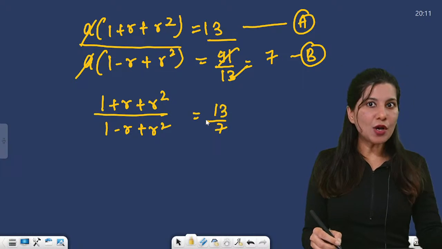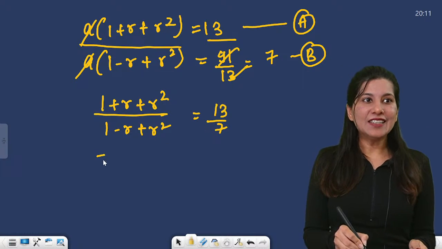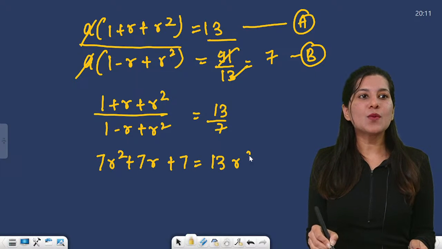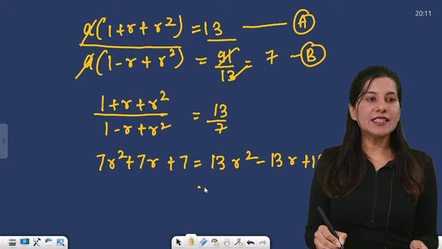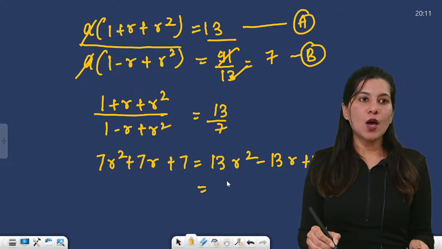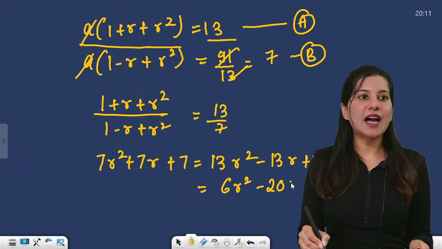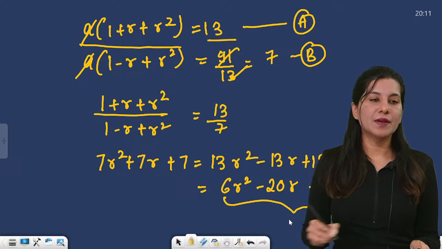Cross multiply, solve it, get the value of R. Now you have it. So 7R square plus 7R plus 7 equals 13R square minus 13R plus 13, and so 13 minus 7 will be 6R square, then minus 20R, and then plus 6 is equal to 0.